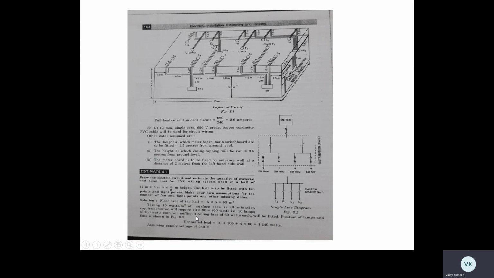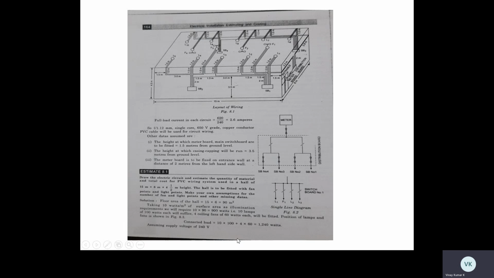So 4 ceiling fans can be placed in the particular area. This is also based upon your requirement. If the example gives how many fans and lamps to place, you can calculate based upon that. But in this problem he has not given the numbers of fans and lights. So based upon my sub-circuit ratings, I am placing 4 ceiling fans of 60 watts each.